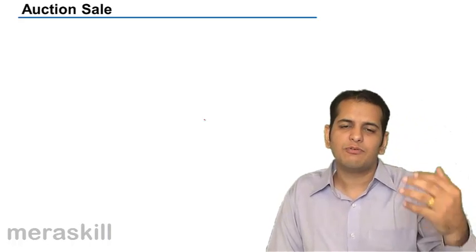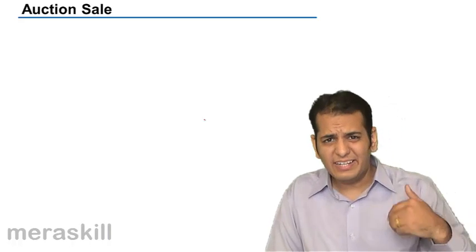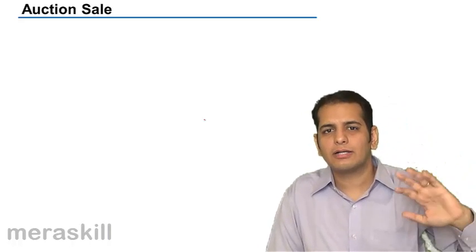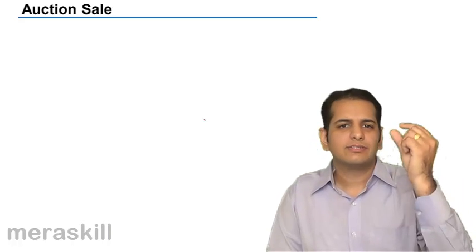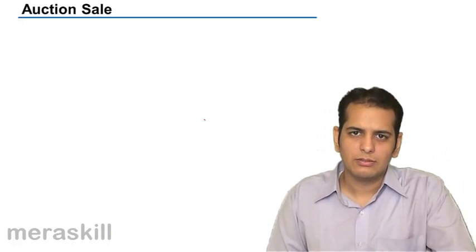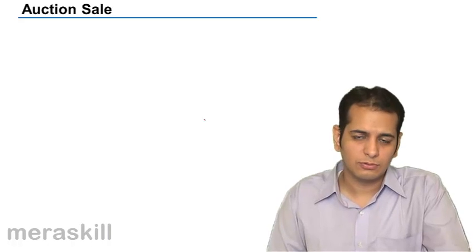This is the reason why the sale happens to the highest bidder. So he tries to increase the price of the product. He encourages the buyers to bid at a higher price. And then he gets some commission on the price at which the good goes.